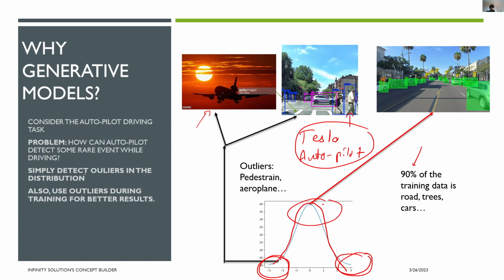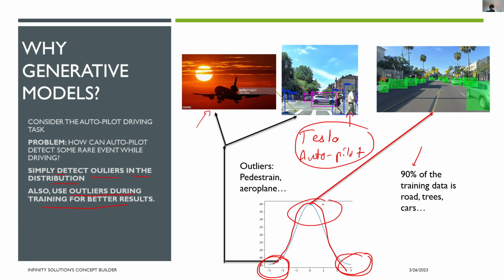So the summary is to simply detect the outliers in the distribution and you are good to go. Also, using the outliers during training will give us better results, because now the model knows that this is an aeroplane or some animal that is coming across. So this is how generative models are used. This is one of the use cases.